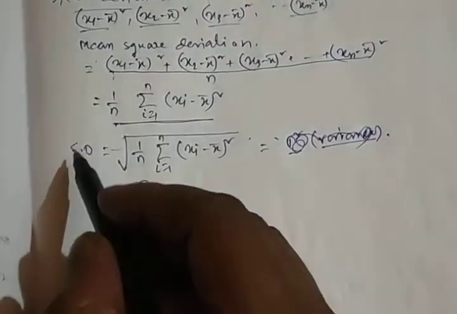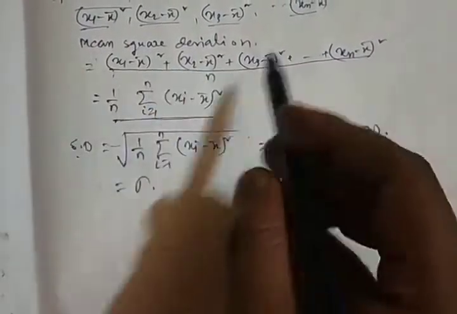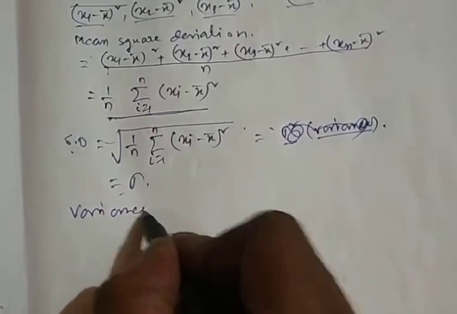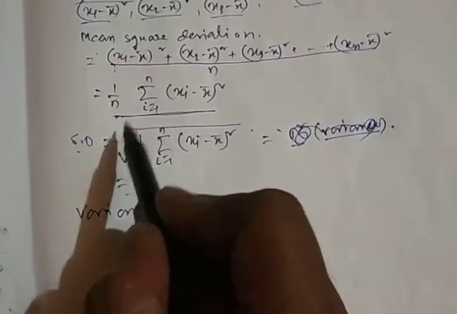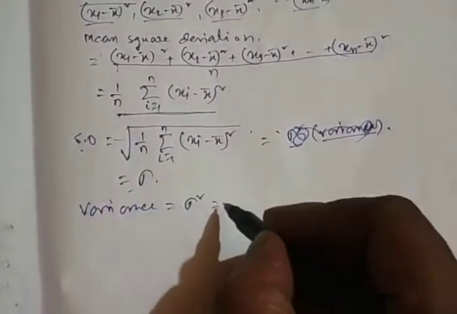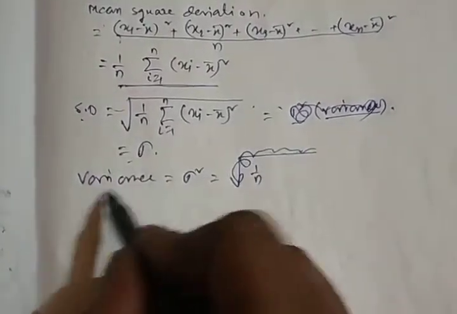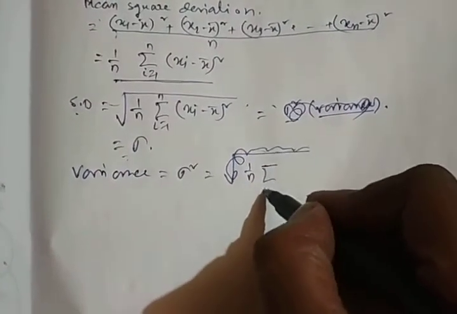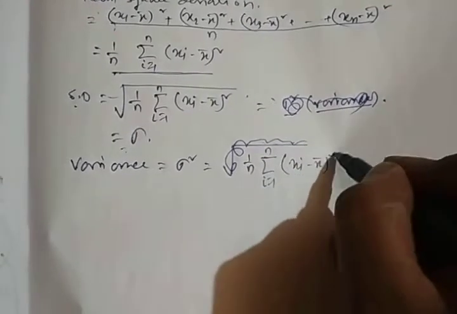If we do not take the root of the mean square deviation, then it is called the variance. So variance will be sigma square. That means variance equals SD square, where the root is eliminated. The variance equals sigma square, which is 1 by n summation i equals 1 to n of xi minus x bar square.